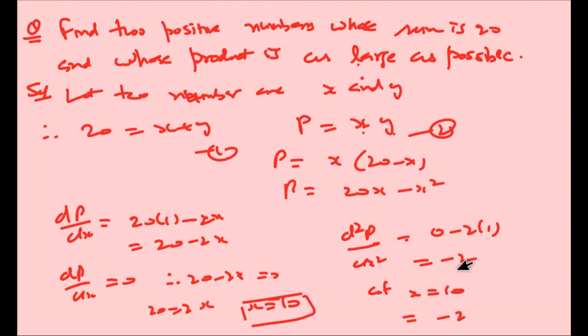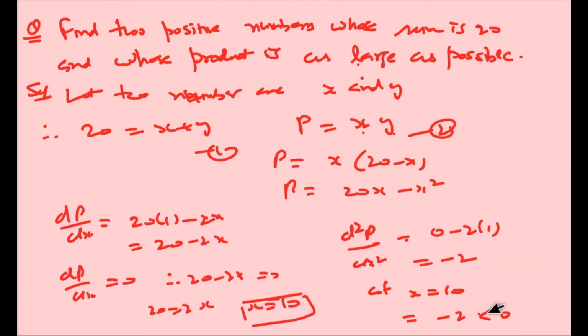Putting here 10, now you have to write this. Here x is not visible, but the power of x is 0. So putting 10 to the power 0 means 1, so it is minus 2. So you have to write: at x = 10, d²P/dx² is minus 2. Minus 2 means less than 0, means negative.